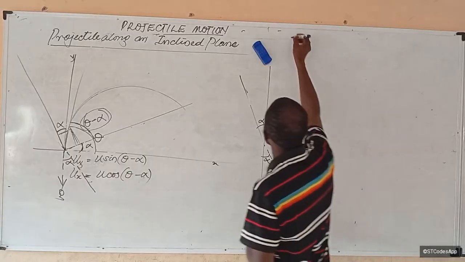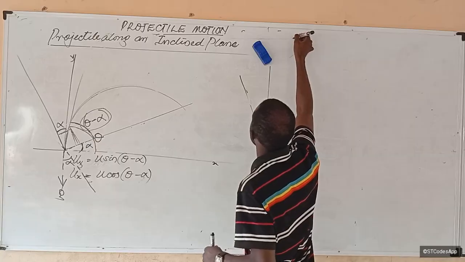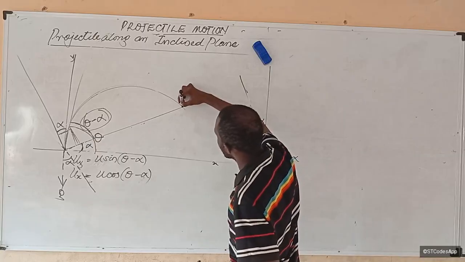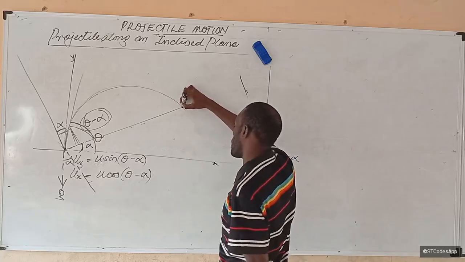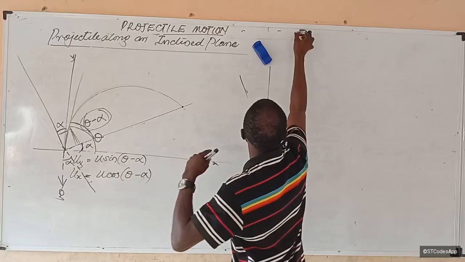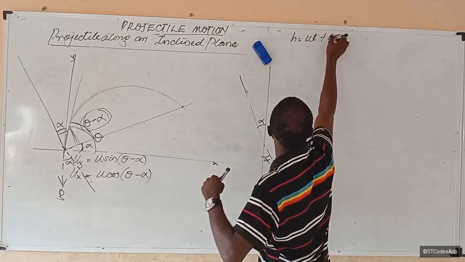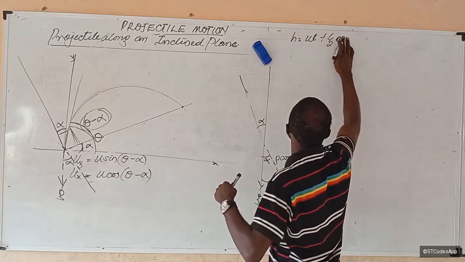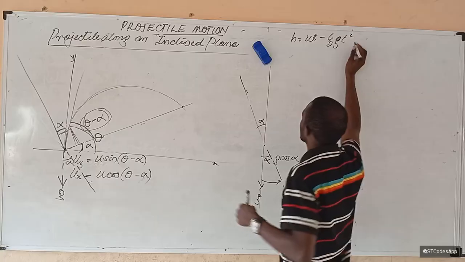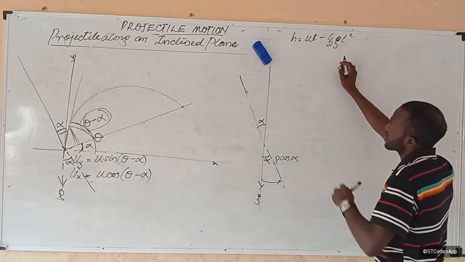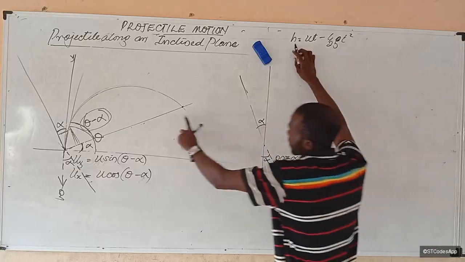Remember that when we wanted to take time of flight, we use this formula: on this place, the h will be 0, or distance travelled will be height. You know that h equals ut plus half gt squared, or minus half gt squared. This is how we should take it. H will be 0 here, right?